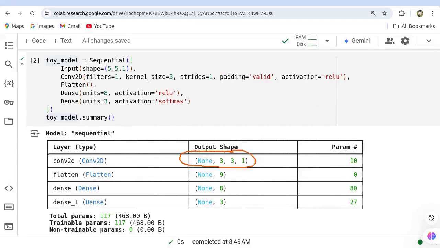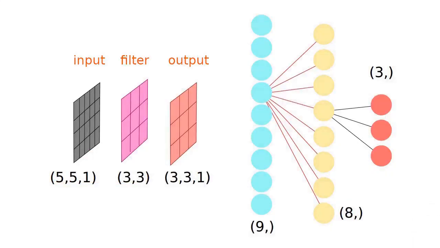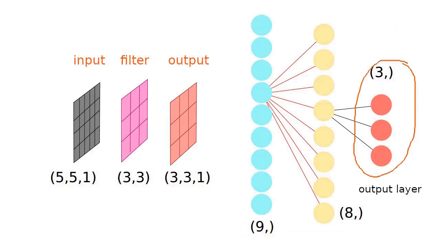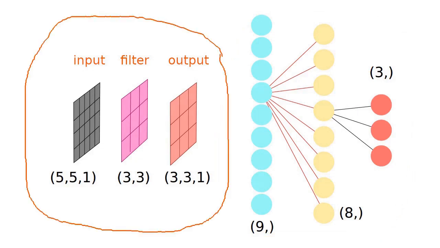The output is three-dimensional and flattened before passing through two dense layers. Our main focus is on how the filter generates output for a given input.